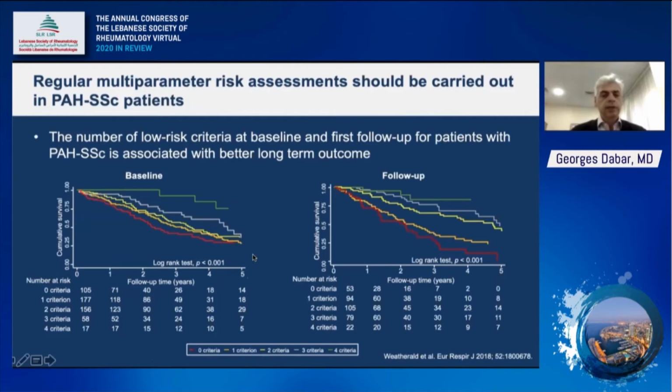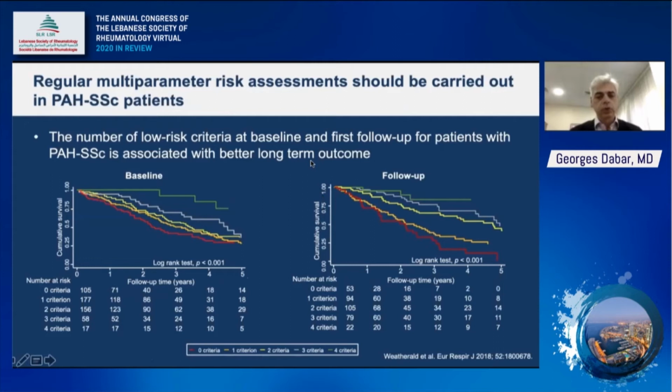The other thing is that a regular multi-parameter risk assessment should be carried out in patients. The number of low-risk criteria at baseline and at the first follow-up for patients with pulmonary arterial hypertension is associated with better long-term outcomes. So the risk assessment is very important, and you will look at the different parameters for the risk assessment.